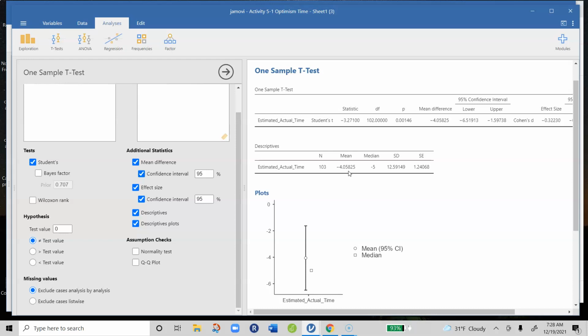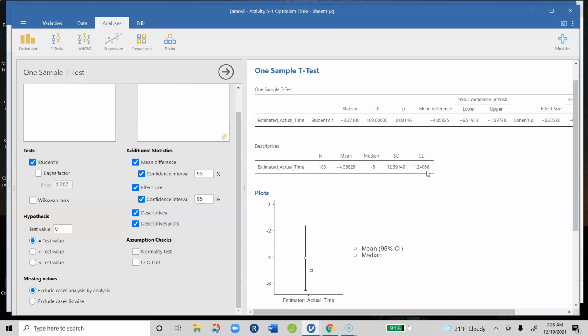The standard deviation is 12.59 minutes, which is a pretty big standard deviation there in the context of this test that they took. Right? Now we computed a t-test to see if this mean is different than 0 by more than what would be expected just based on sampling error. Right? Now the difference we would expect just based on sampling error would be 1.24.